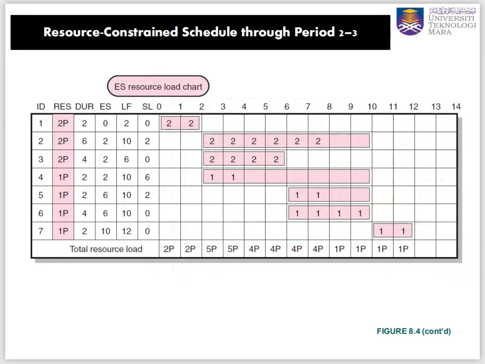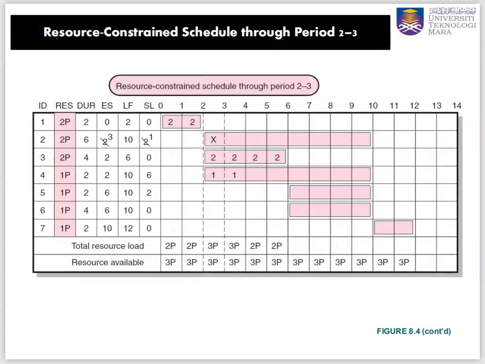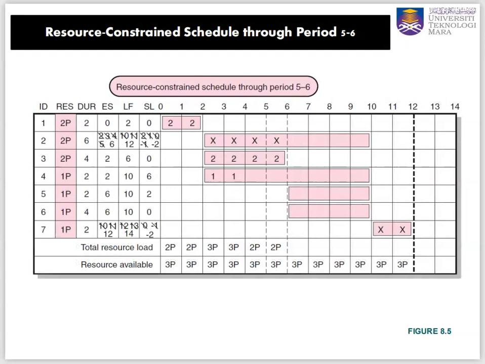So because we delay activity 2, which finishes at day 12, activity 7 can only start at the end of day 12, which is day 13 and day 14, because it takes 2 days. So it will finish at day 14 here. So the latest finish will become day 14. The earliest start is at the end of day 12. Because it is delayed by 2 days, the slack becomes minus 2.